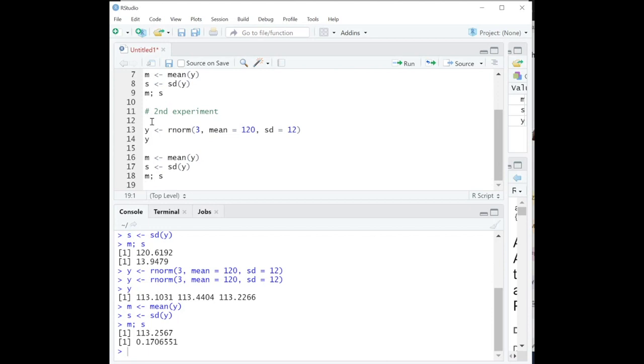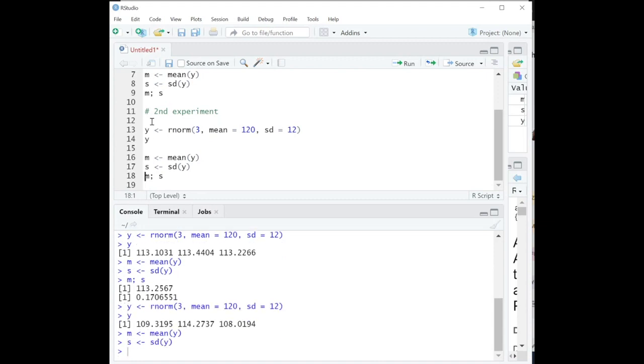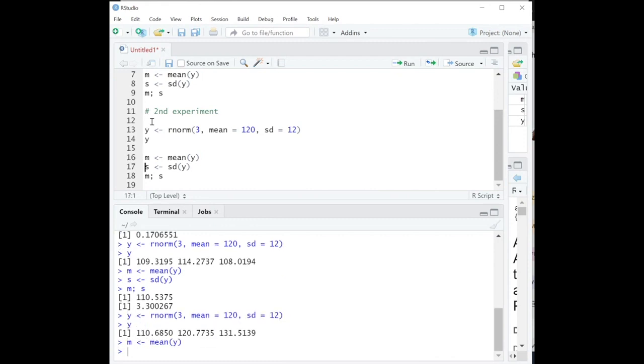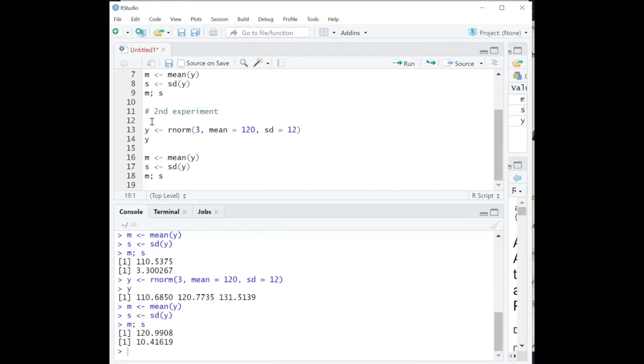We can do this a third time. And it's again different, even smaller, 110. Maybe if I do this another time, so far we have always obtained something below the mean. Now it's getting higher because it's 121. And if I do this again and again, I will obtain values which sit on a Gaussian distribution.